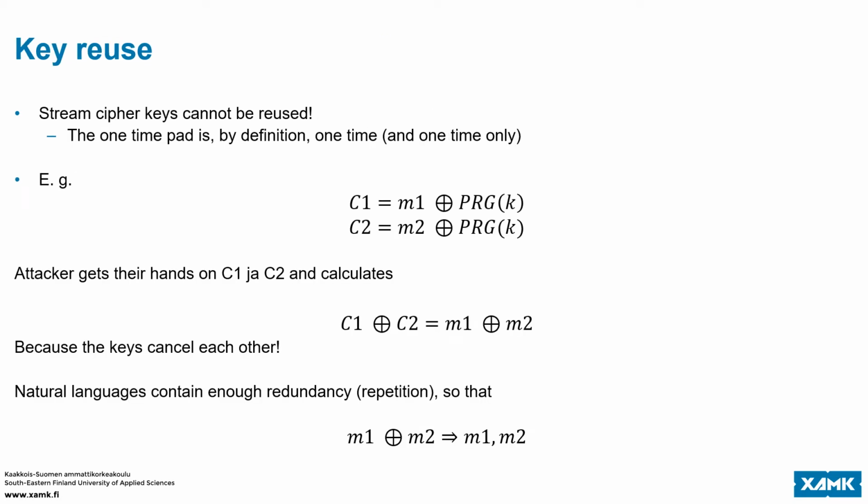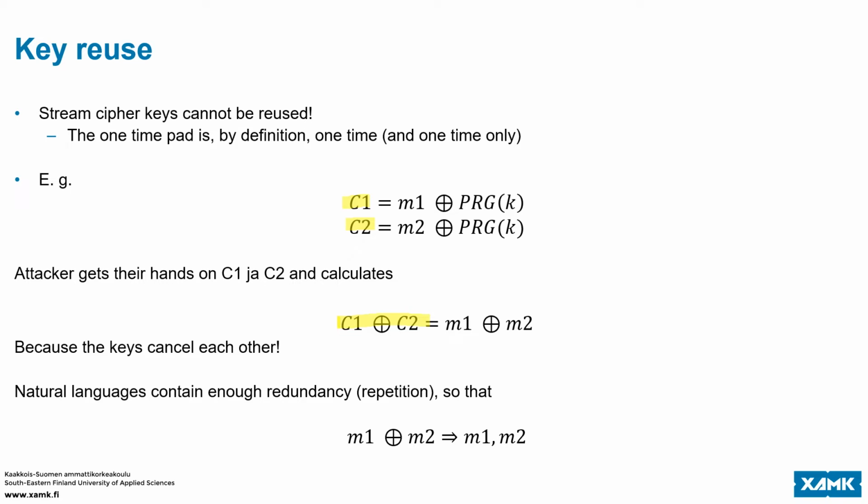So stream cipher keys cannot be used more than once. The one-time pad is, by definition, judging from the name, one time and one time only. Let's say we had two ciphertexts that were encrypted using the same key, and an attacker gets their hands on both of these ciphertexts, and then he calculates what C1 XORed with C2 is.